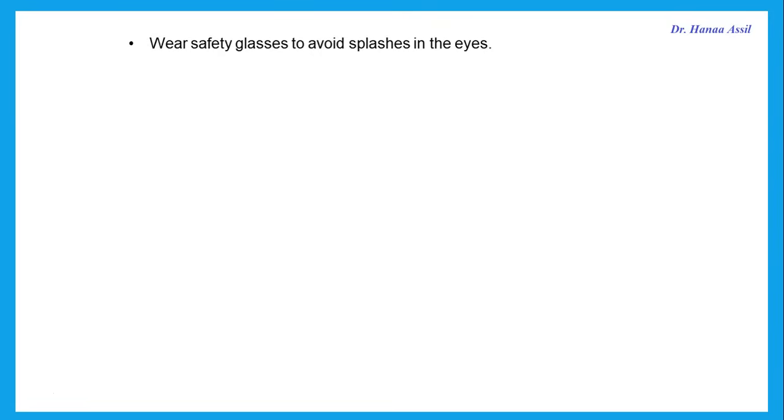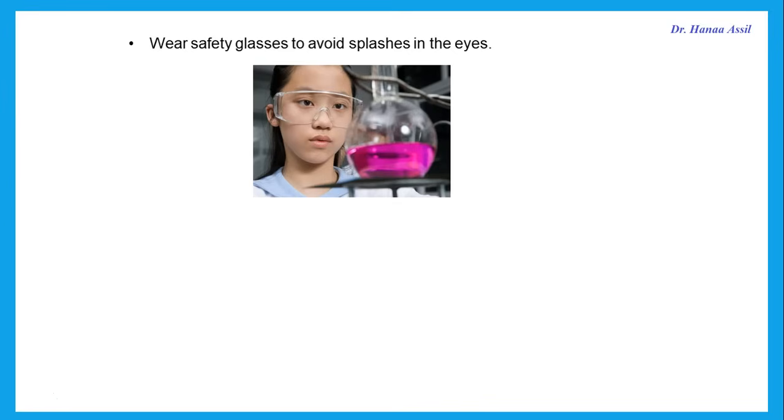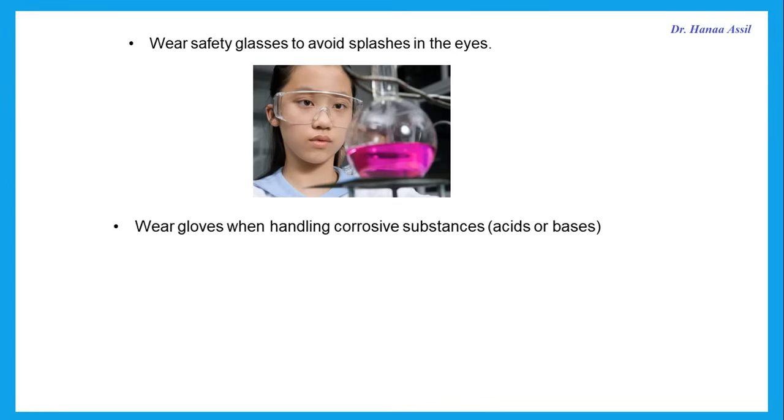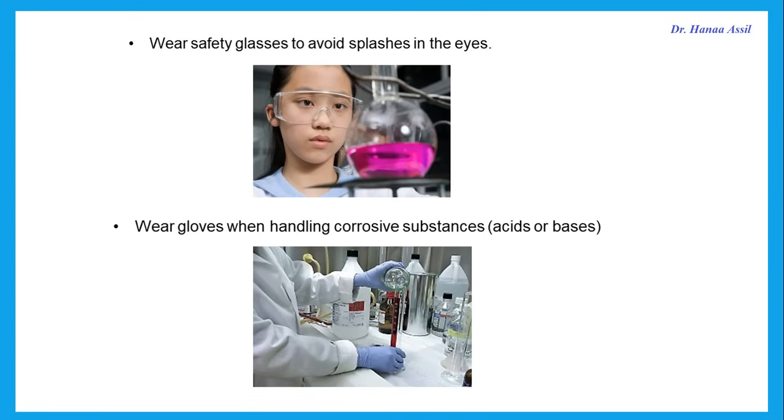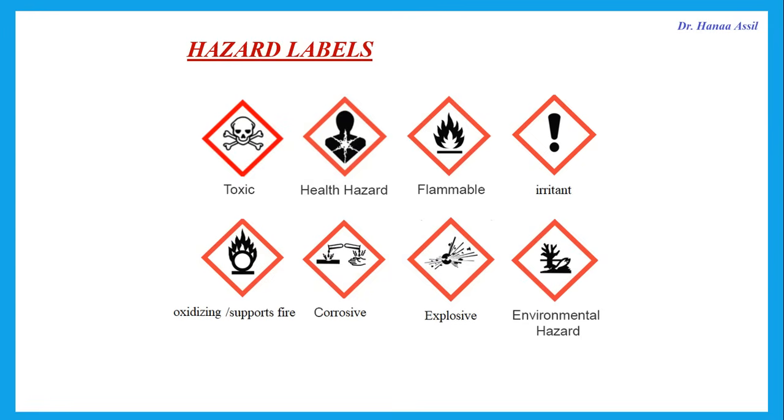Usually, safety precautions could involve wearing safety glasses to avoid splashes in the eye if we're talking about liquids. If we're working with corrosive substances such as acids or bases, then we should wear gloves. So these are some safety precautions.